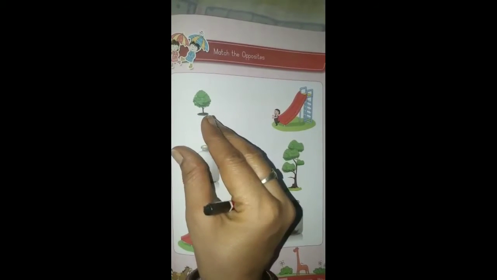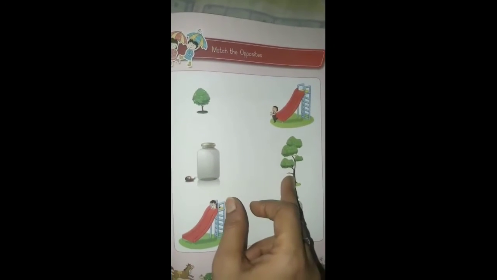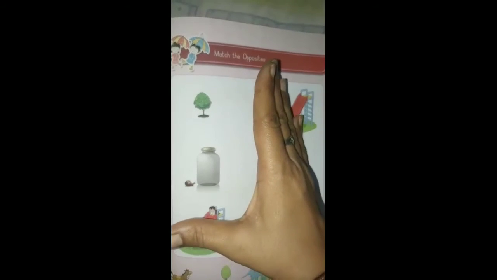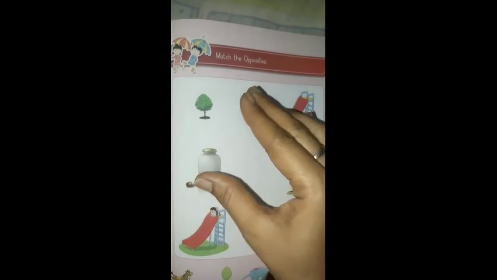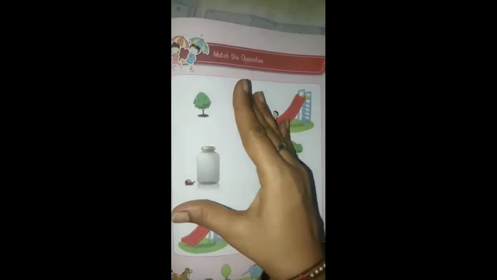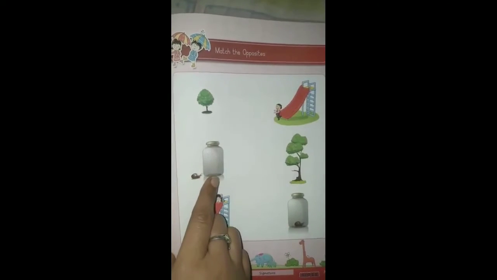So let me know. Yes, this one picture is small. Small क्या होता है? छोटा. And its opposite is this one, big. Big क्या होता है? बड़ा. Small, big. Okay, come on to the next.